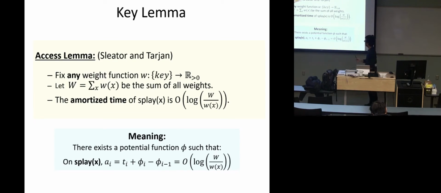What does it mean? It means that there is some potential function such that the amortized cost, which is the real cost plus the potential increase, is just this much. Okay. Question about the statement? Okay. Before I prove this, let's see why this is so strong.